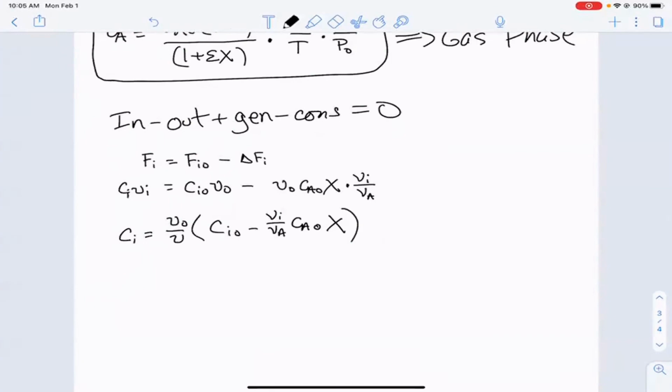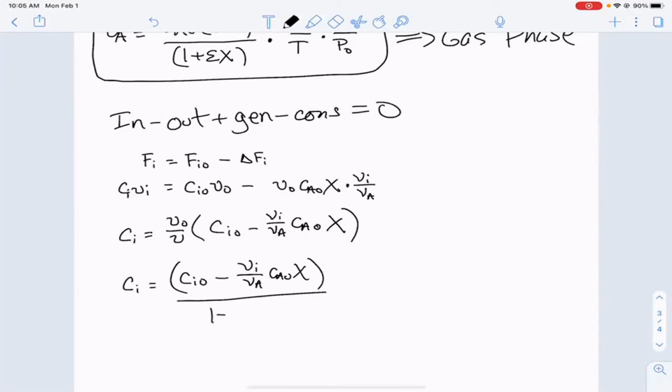And we have our expression for V0 over V already. And that is that Ci equals Ci0 minus these stoichiometries, Ca0 times X, now times V over V0, which, like I said, we've already done.